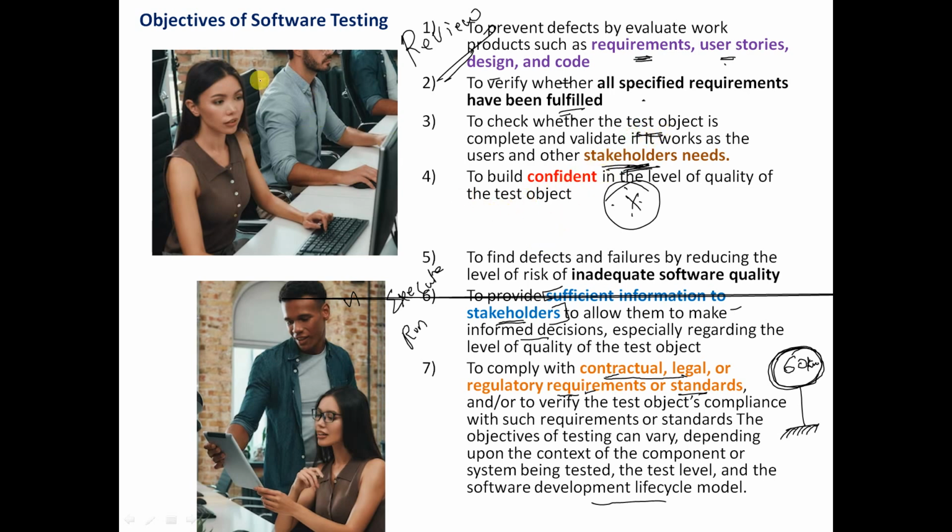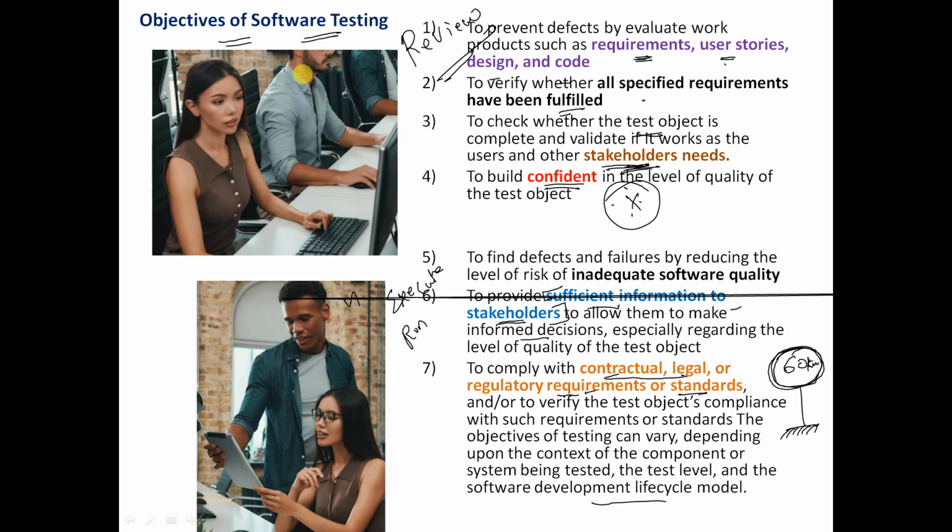And definitely the objective of testing gives more confidence about the software. If there is any inadequate software quality, that also has to be fixed as soon as possible. Then it has to provide sufficient information to the stakeholders, which is possible only if software testing has been done.